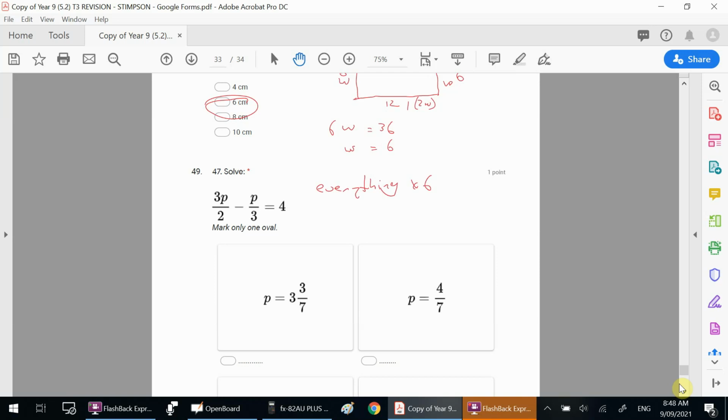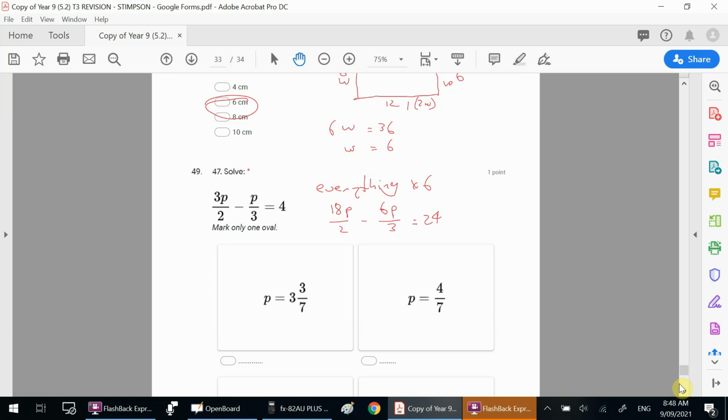So 6 times this, you're just going to multiply the top. So that's 18p over 2 minus, that 6 times that is 6p over 3, and 6 times 4 is 24. I'll do it another way in a sec.